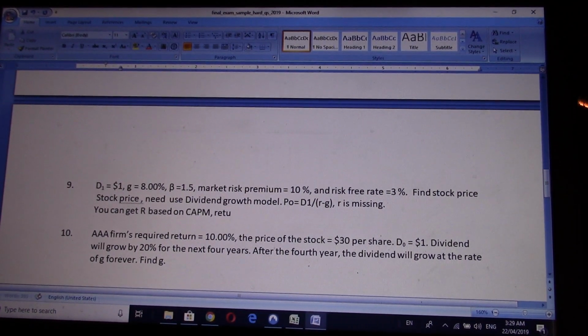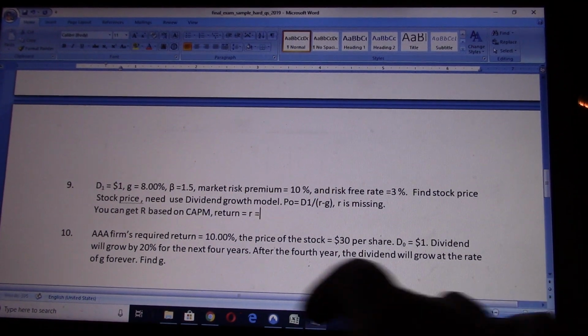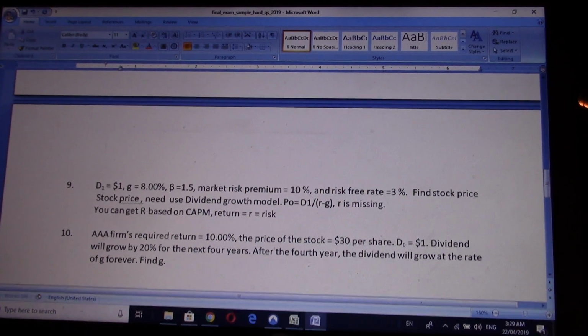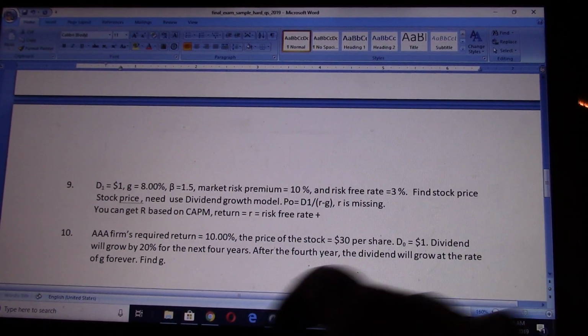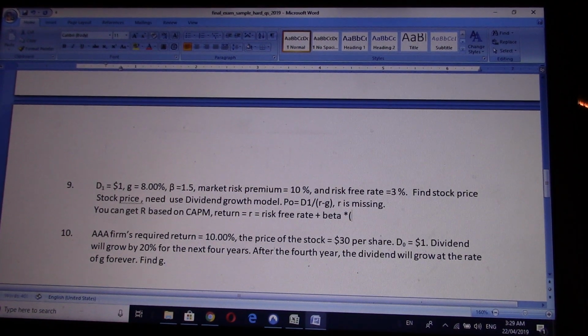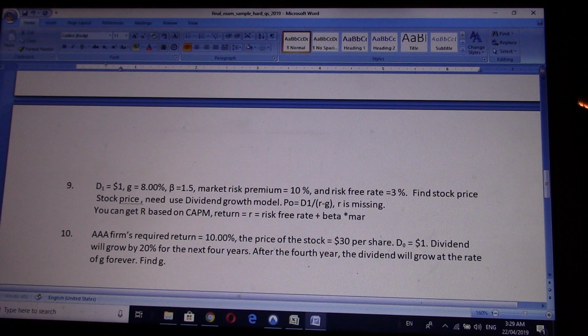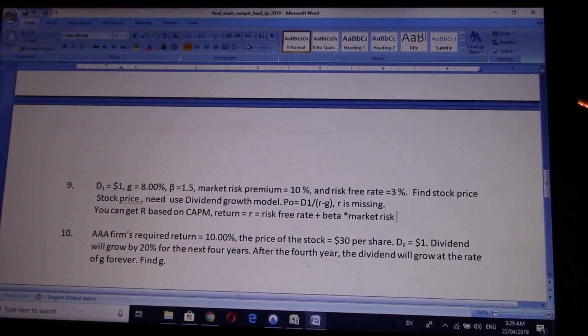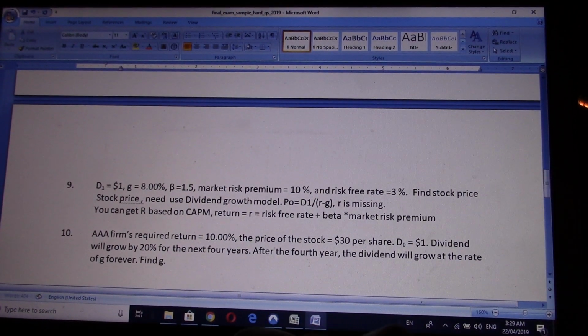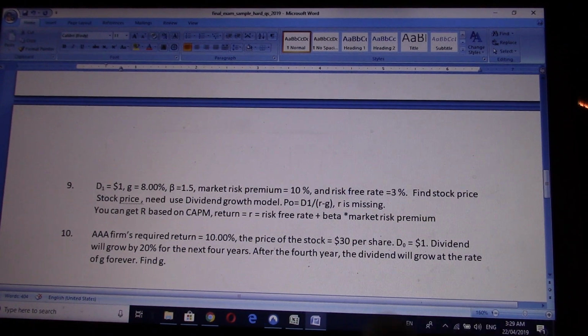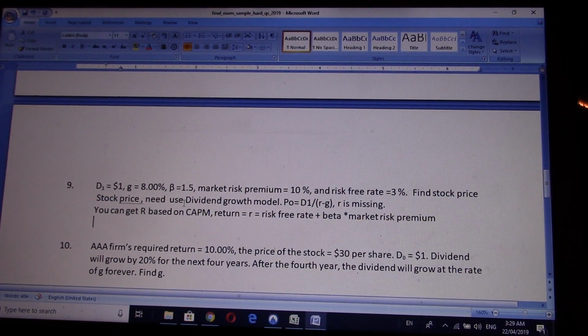R is the return, right? R should be the risk-free rate plus beta multiplied by the market risk premium that is given. So you can calculate it directly.